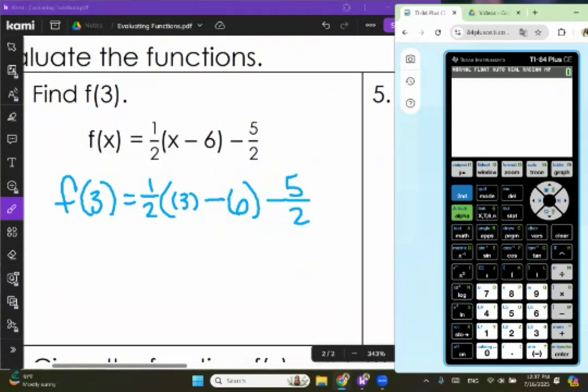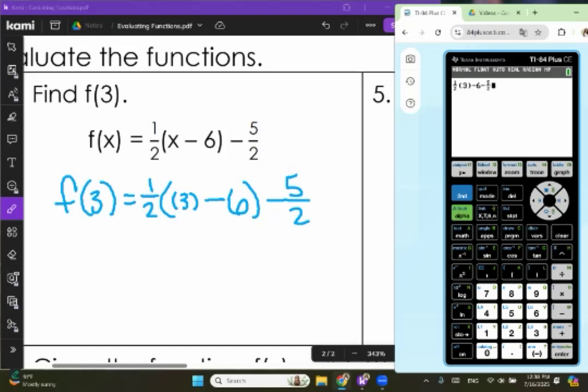Okay, now we got it. 1/2 parentheses 3 minus 6, minus 5/2.